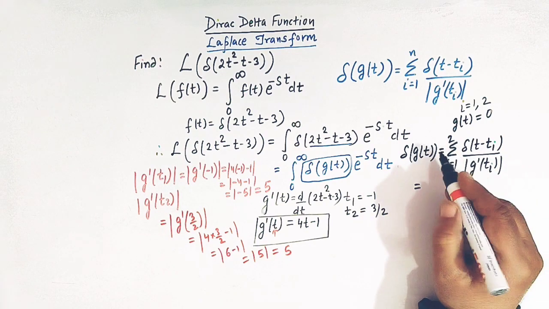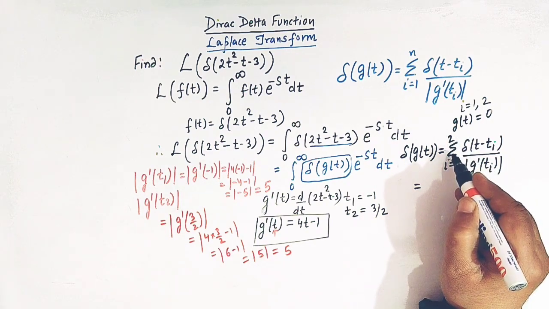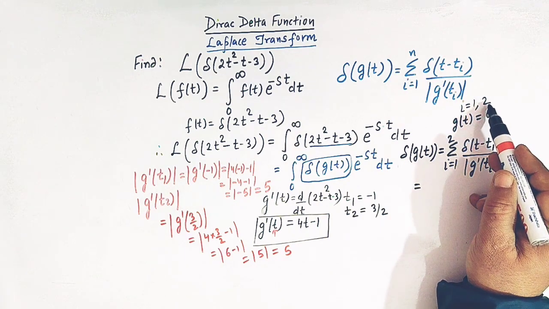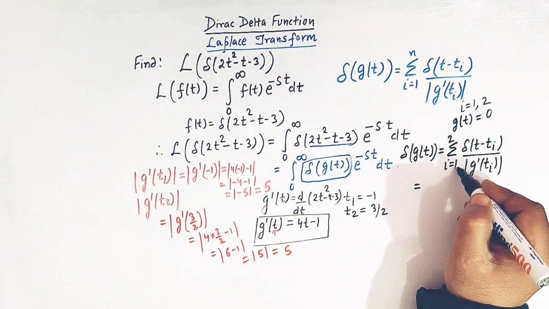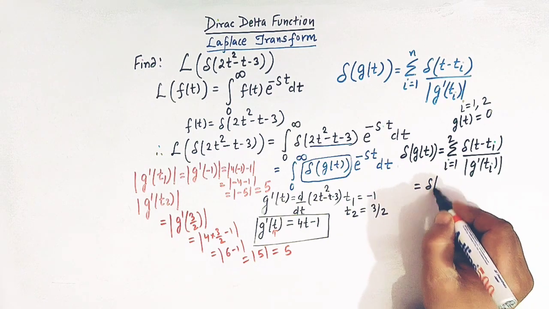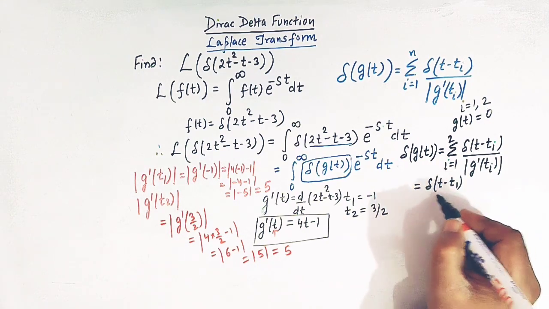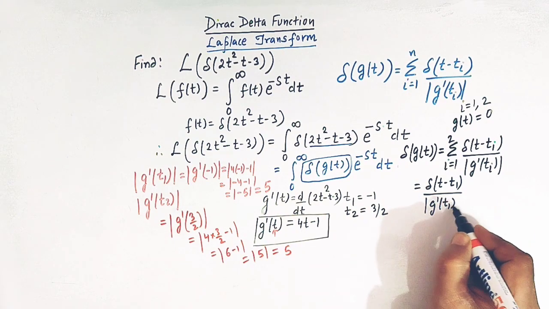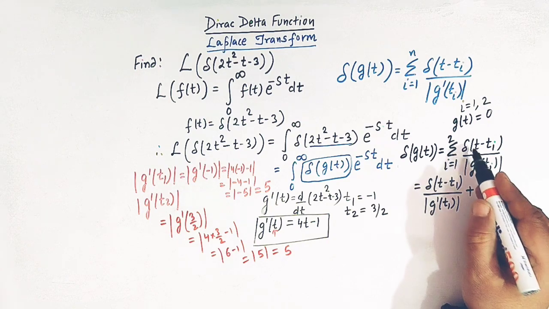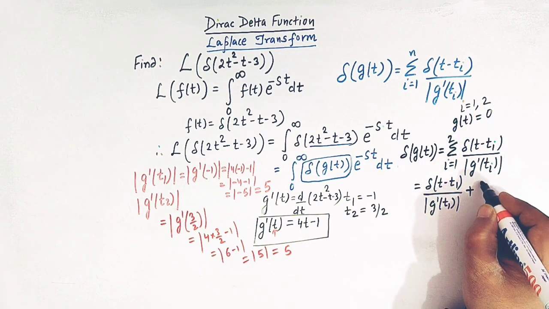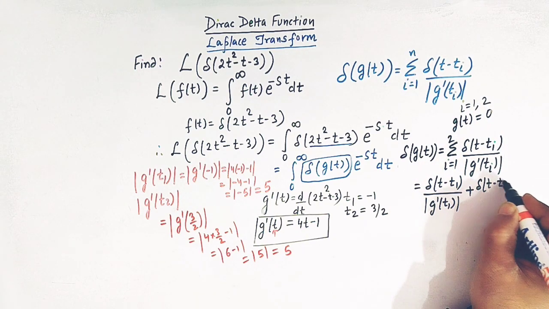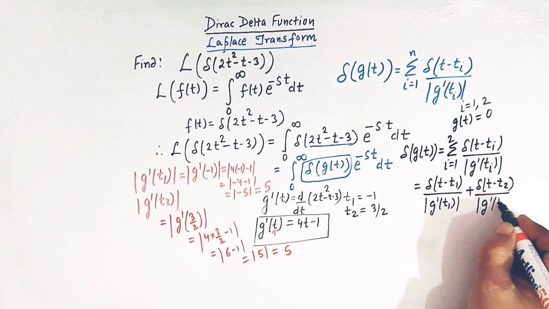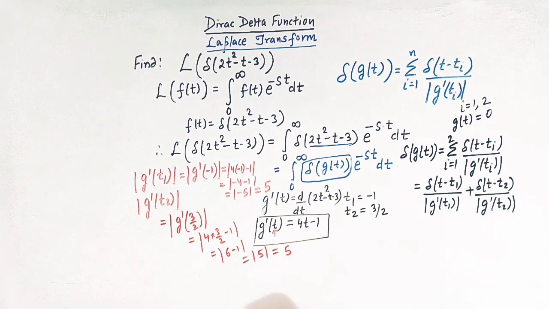Now removing this summation sign by taking the values of i as 1 and 2, when i is equal to 1 we have delta of t minus t1 over mod of g prime of t1, and for i equal to 2 we have delta of t minus t2 over mod of g prime of t2, right?